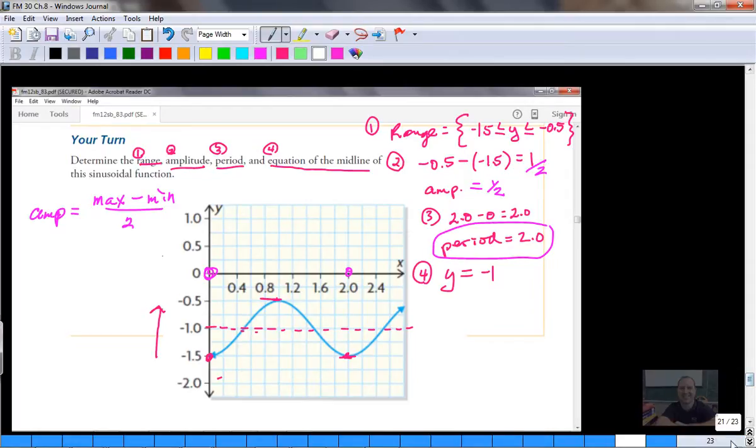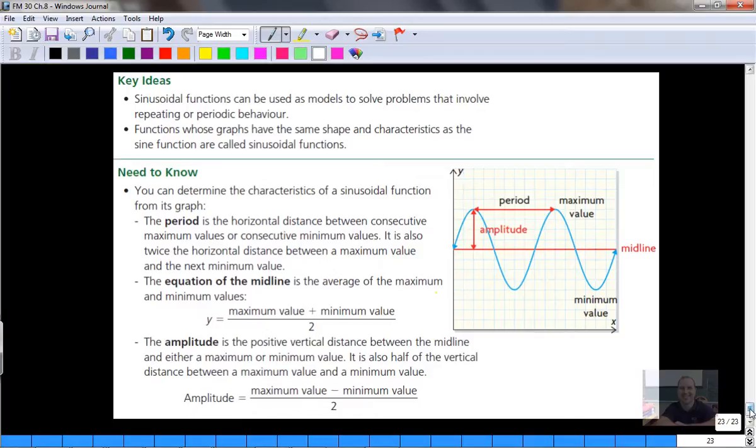So again, if you're wondering about all this stuff here, here's a summary at the end of the section that I was going to go through, but I got to do one more example with you here. Actually, I probably won't do one more example with you. Time's running short. But here's the summary of everything. And a lot of this stuff we took a look at last section even. But they kind of give you an actual formula here for amplitude, right?